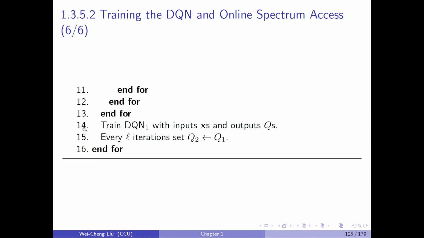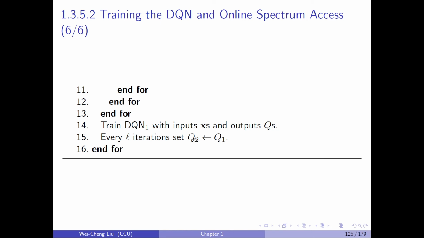And for line 14, train DQN1 with inputs x and outputs Q's. Line 15, every L iterations set Q2 to Q1.